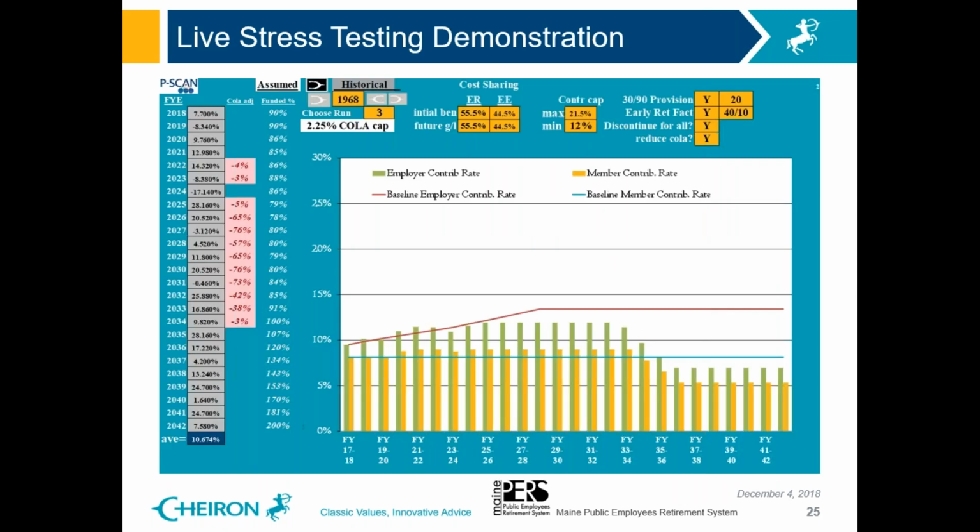The very same scenario, we're stress testing a period that mirrors the markets of 1968 over the next 20, 25 years, which is up and down markets. And the employer contribution rates you see in the out years, the green bars, are capped, as are the member rates, because we have caps in here. Maximum of 21.5% in total.